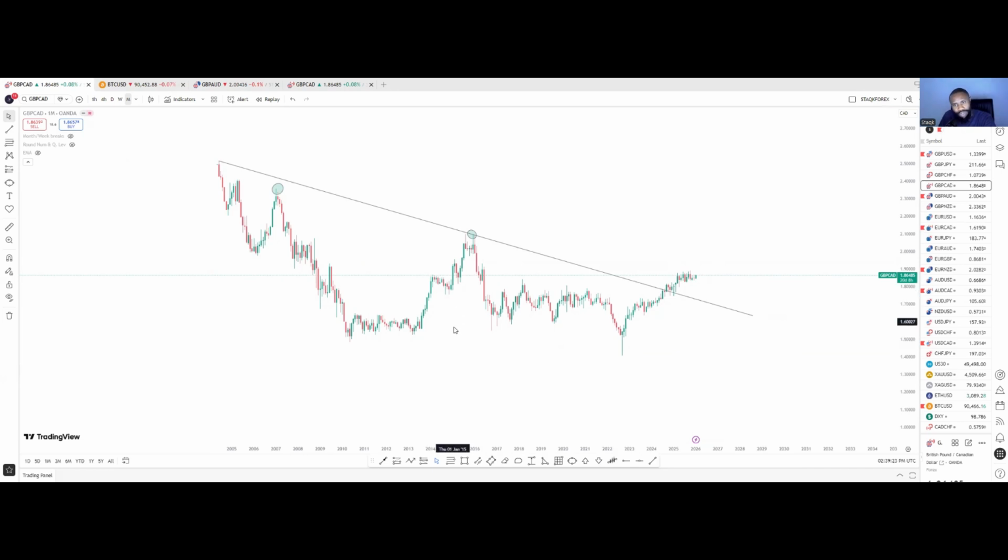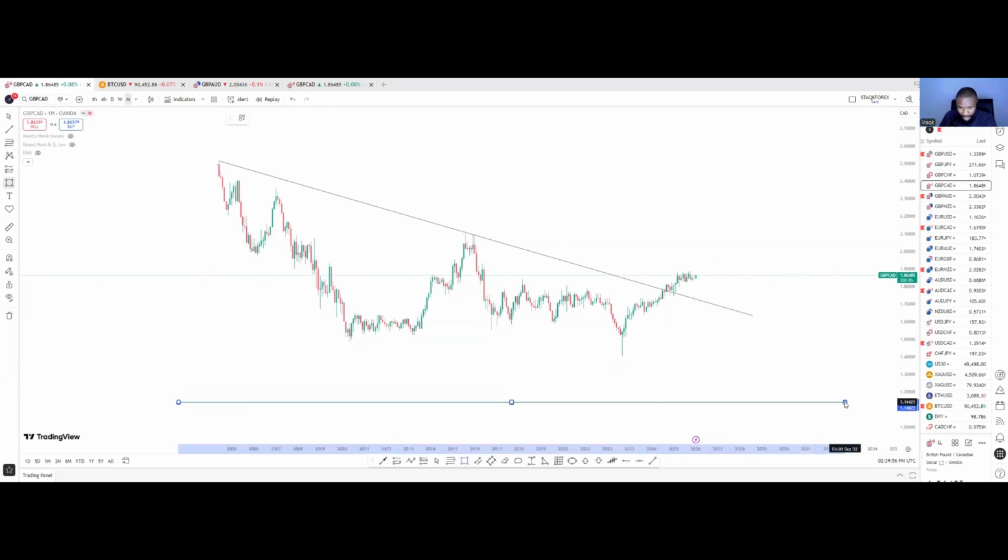So what I will be doing now is scaling down to the weekly time frame to see the current trend of the weekly. Currently, for me, this particular pair is buying. We have this movement to the upside because on the monthly time frame, my trend line got broken. So I will be looking for a buy bias only on the GBPCAD.